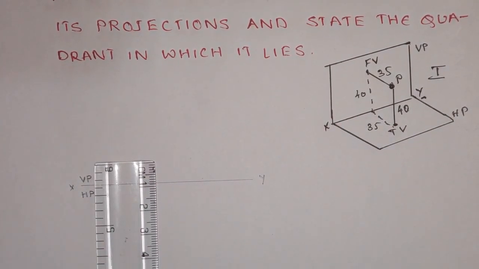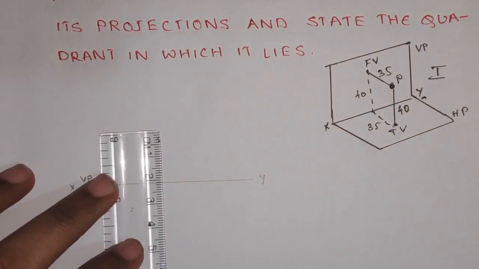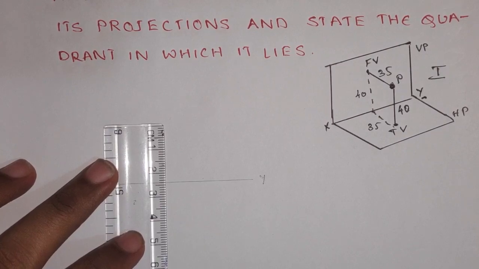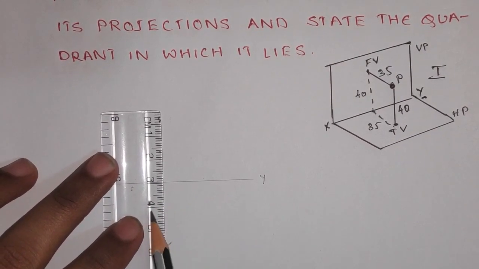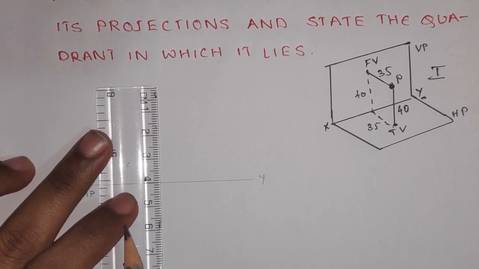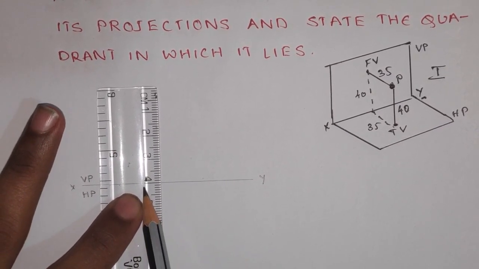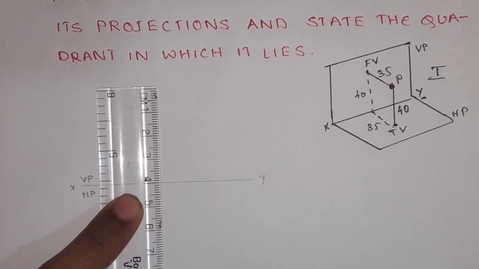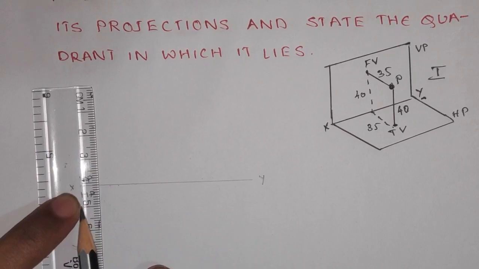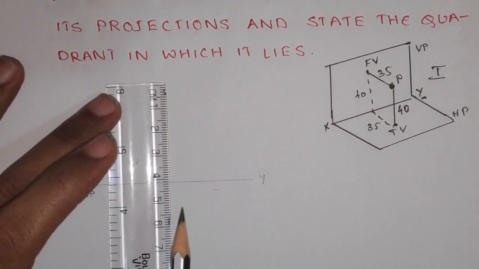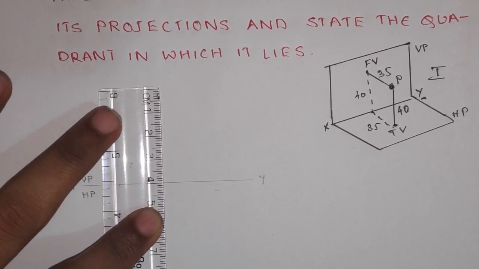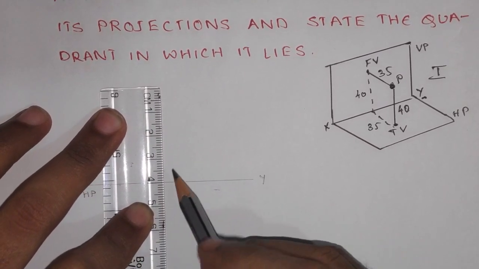Let us locate the front view, which lies on the vertical plane, and since it is 40 mm above the XY line, I locate this 40 mm line onto this XY line over here. My 40 mm line will coincide with the XY line. You can take it anywhere you want. It is not that you have to take it either to the left or to the right. You can take it somewhere in the center, because it is presented very clearly.